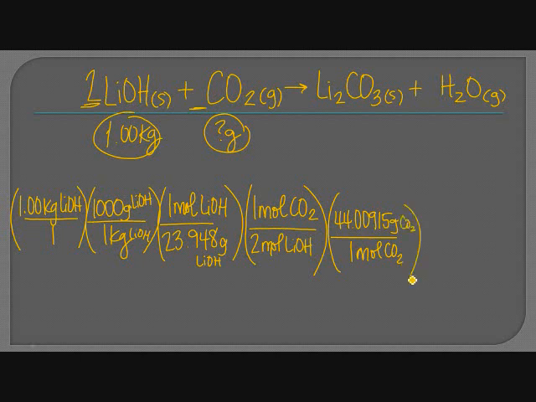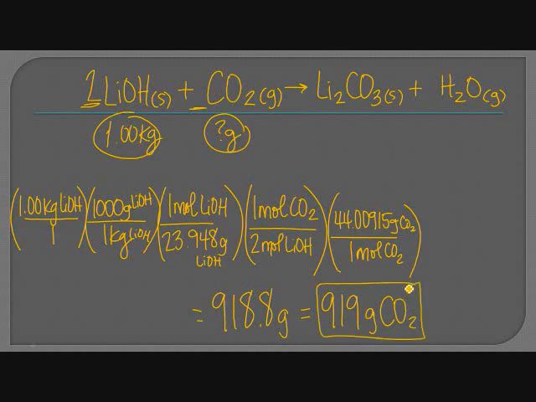Okay, so when you solve, I got that to be 918.8 grams, so 3 significant figures would be 919 grams of CO2. Okay, we have used mole ratios, we have done this already this year, I'm pretty sure, in Unit 1, but it's nice to remind ourselves how to do it.